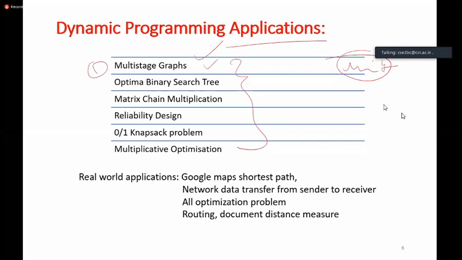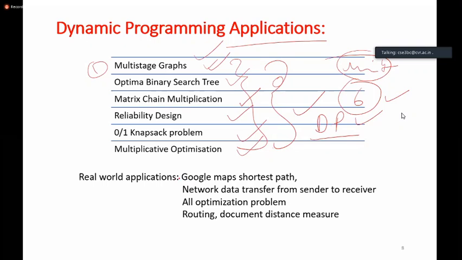Now there are two more problems. Actually, as per the syllabus, we have problems such as the multi-stage graph, second OBST, optimal binary search tree, then matrix chain multiplication, reliability design, 0/1 knapsack, and multiplicative optimization. These are the problems to be discussed in dynamic programming. Actually, many problems exist, but according to your syllabus, you have only these six problems. We'll discuss them one by one.